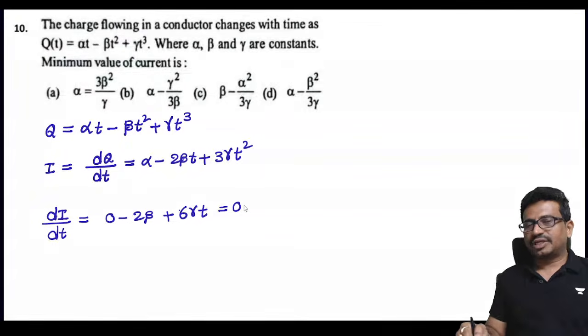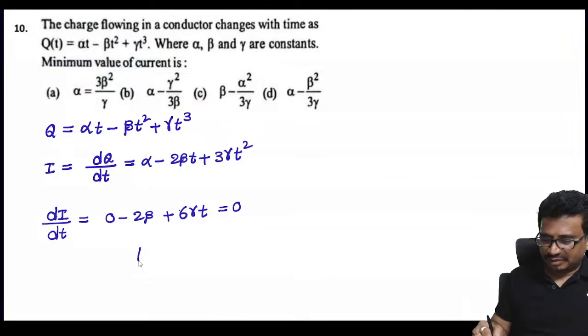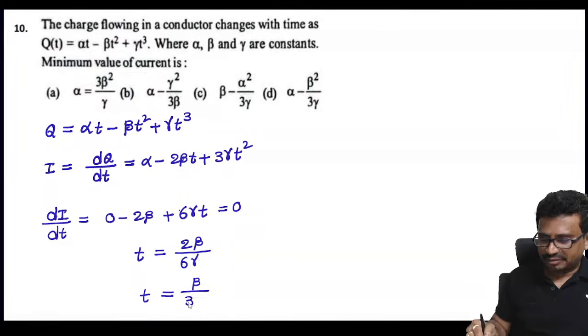And from this we can get the t value. That is 2 beta by 6 gamma. So t will come to be beta by 3 gamma.